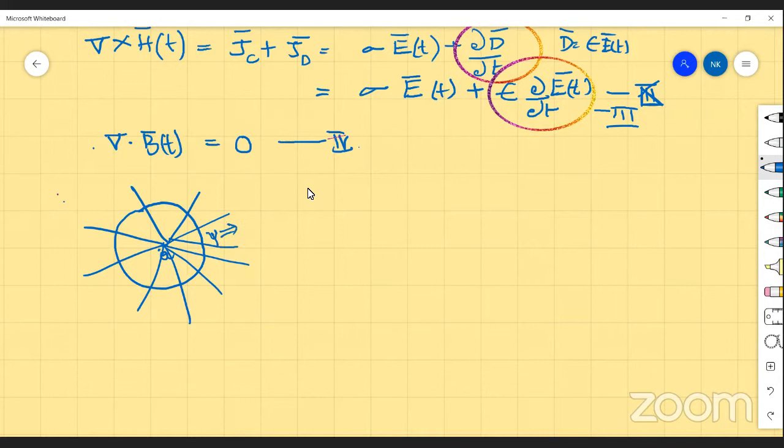The flux lines are coming like this. We have a surface area, and the direction is the unit vector here.